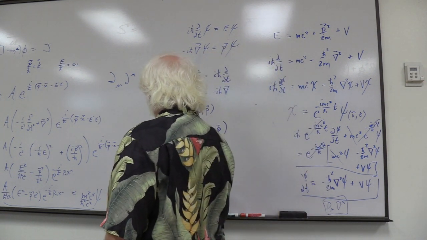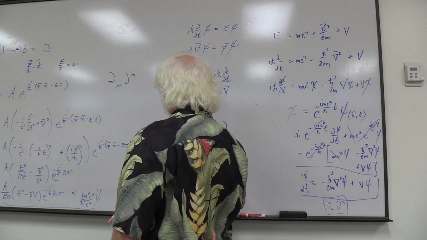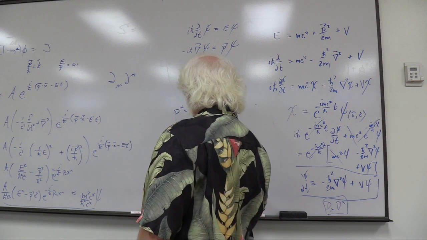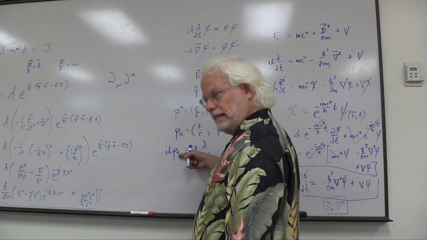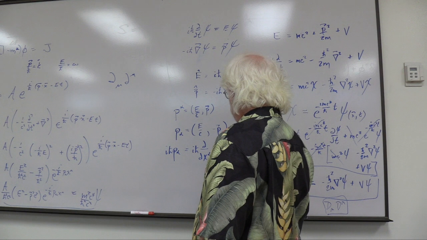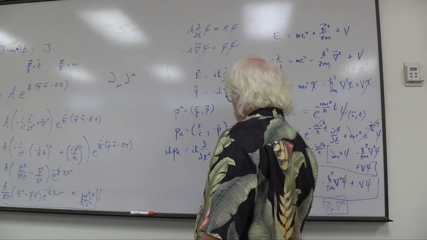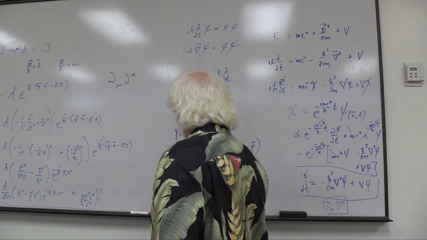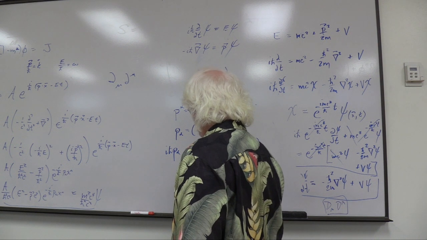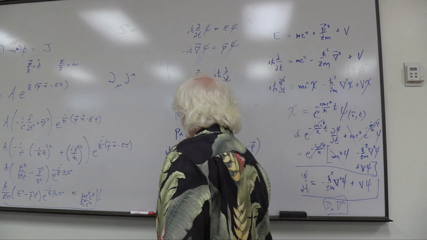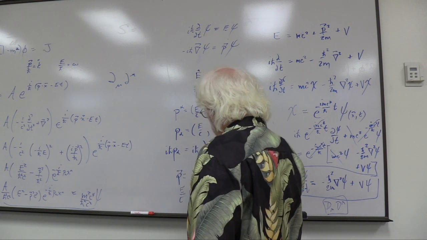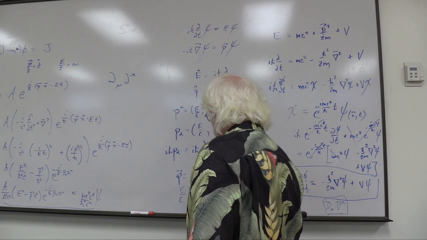So if I write i h bar P alpha as i h bar d/dx alpha, because this is covariant, not contravariant, so I need this down, and identify that with E over c and minus P, what I have is that the three vector part is i h bar grad, and E over c is i h bar d/dx0, which is 1 over c d/dt.